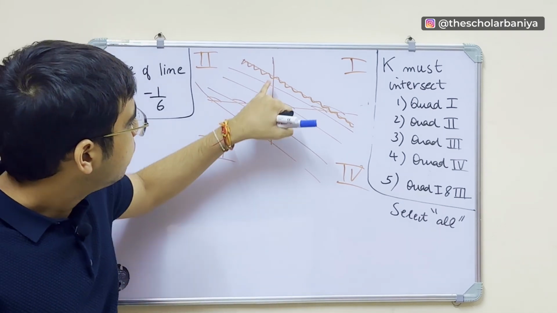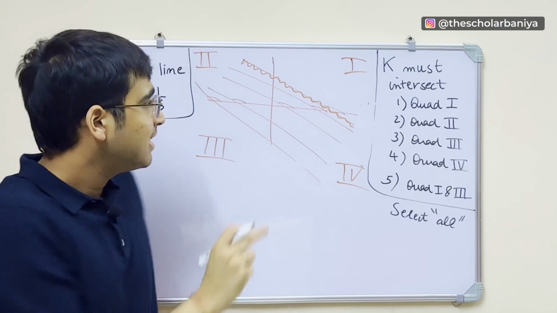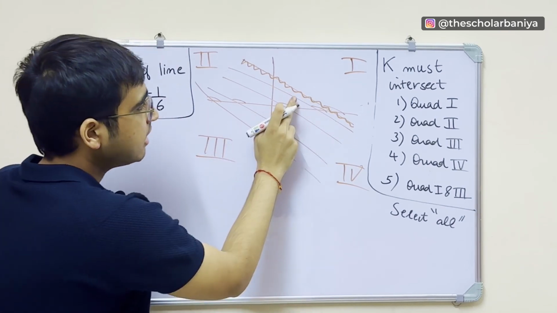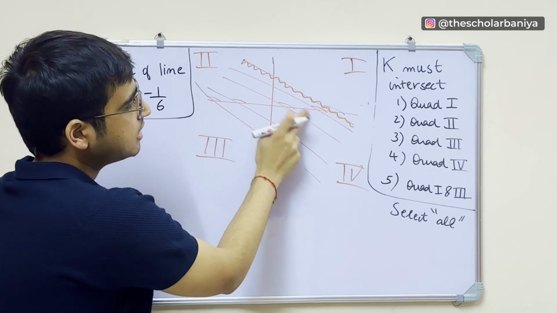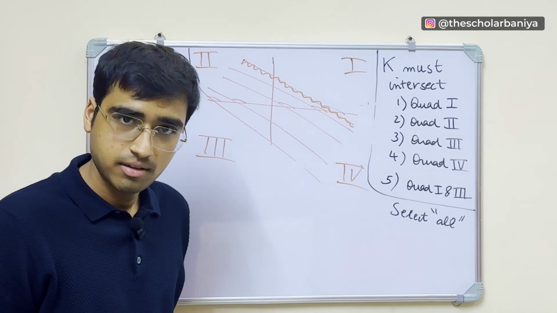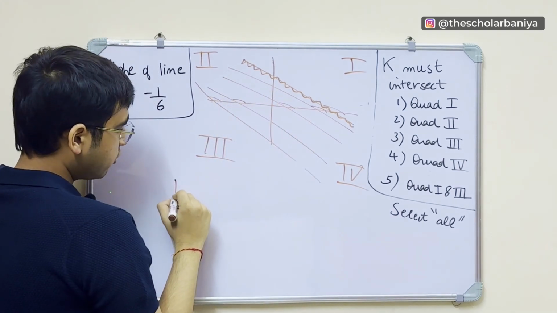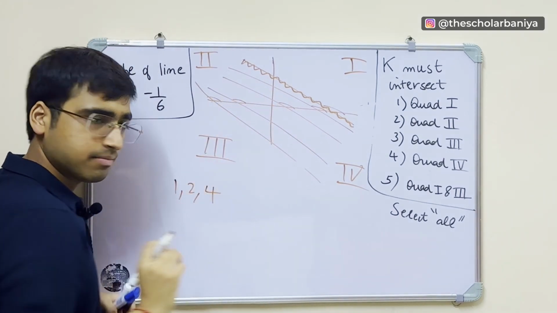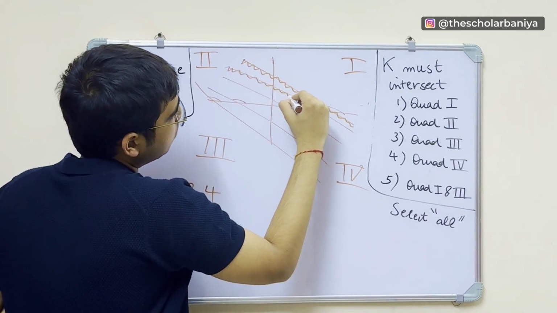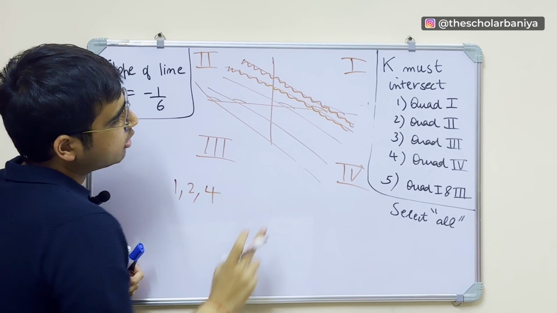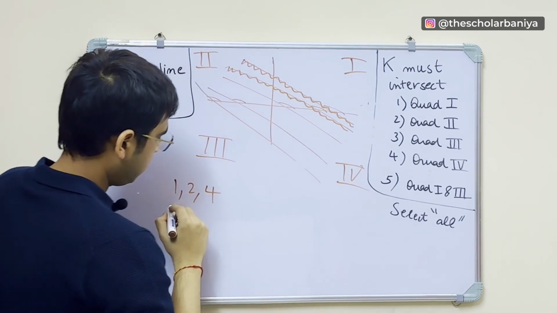Which quadrants is the topmost line passing through? This line is passing through the first quadrant, the second quadrant, and the fourth quadrant. Similarly, for this line also, it is passing through the first, second, and fourth quadrants.